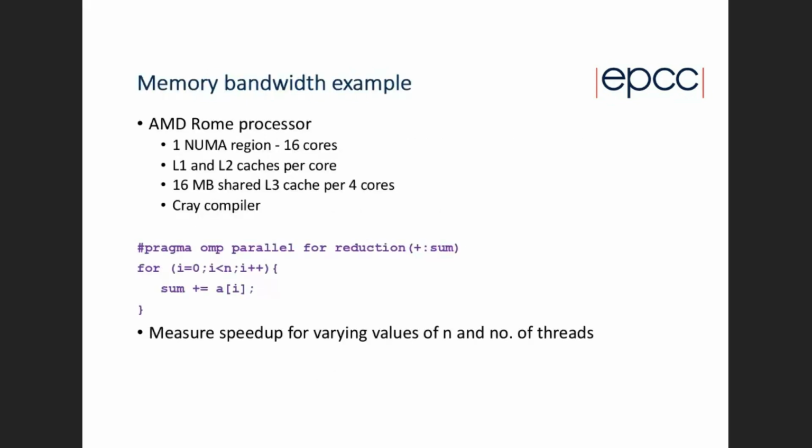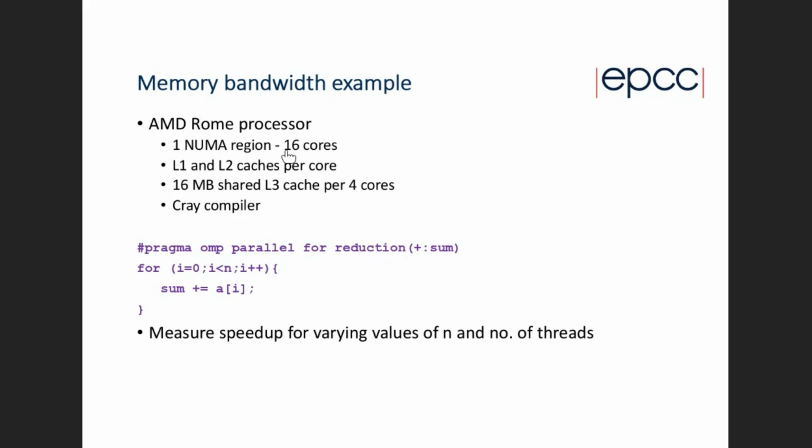Okay, I try not to fill these talks with too much data, but I think this is an interesting example. This little experiment I ran on ARCHER2 on the AMD Rome, and I restricted myself to running inside one NUMA region, so just up to the 16 cores that are attached to the same piece of main memory.